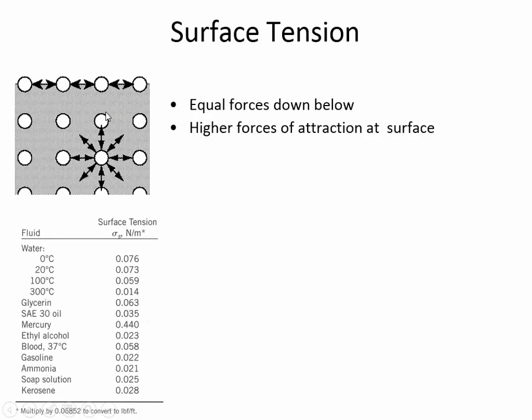So it's trying to have an attraction to other water molecules, and it can do that in a lot of different directions. In contrast to these water molecules at the top of the water where it interfaces with the air. These molecules have the same degree of attraction to other water molecules, but they can't be attracted to water molecules above them.